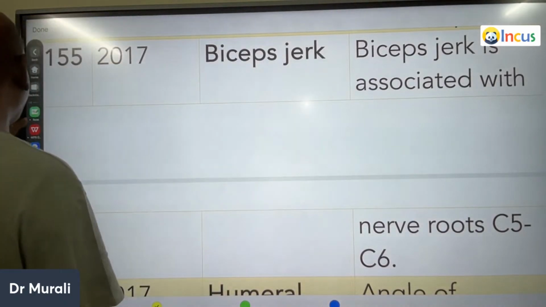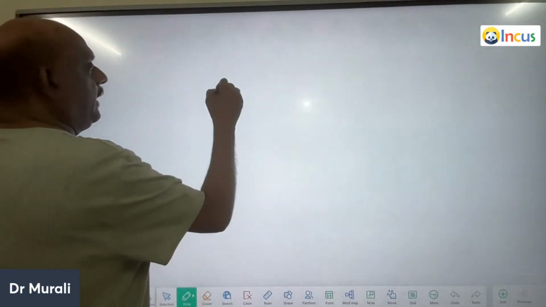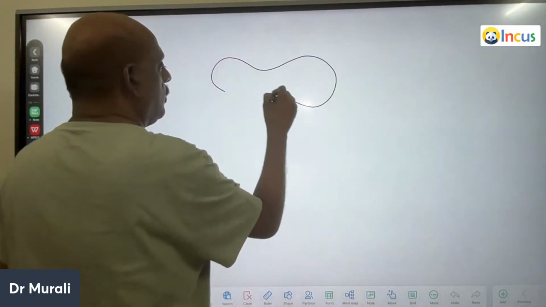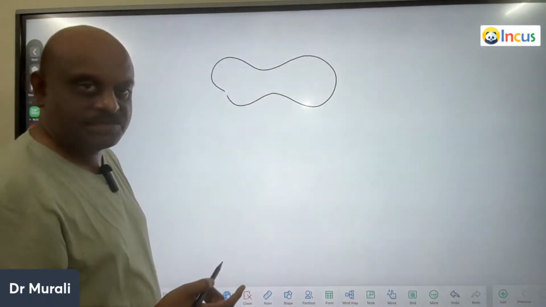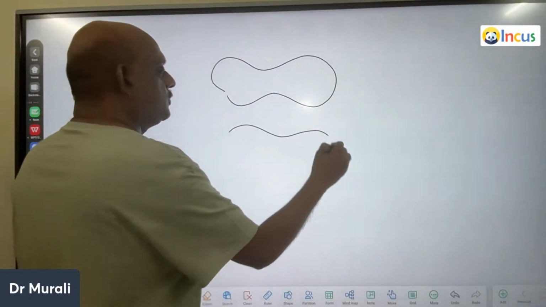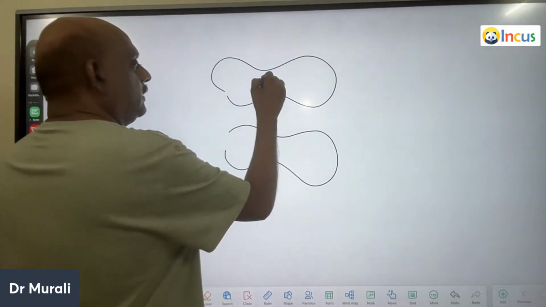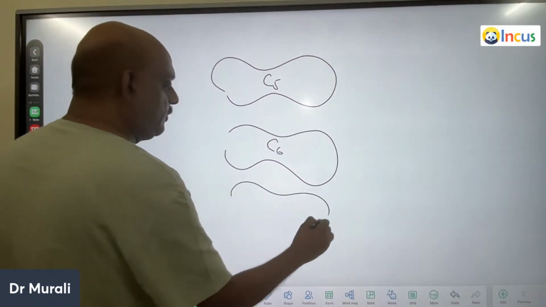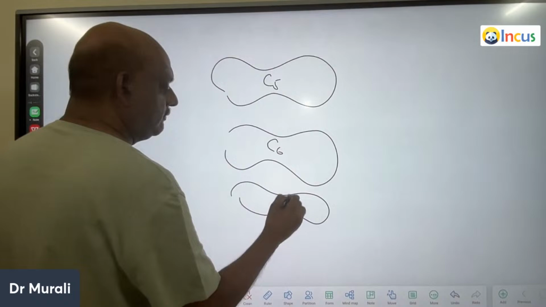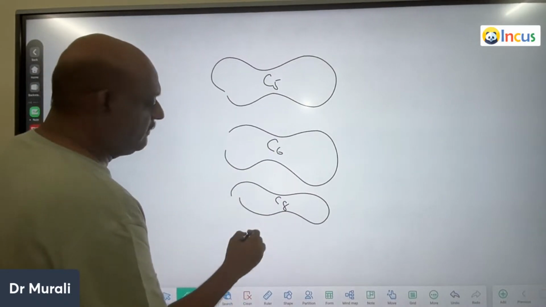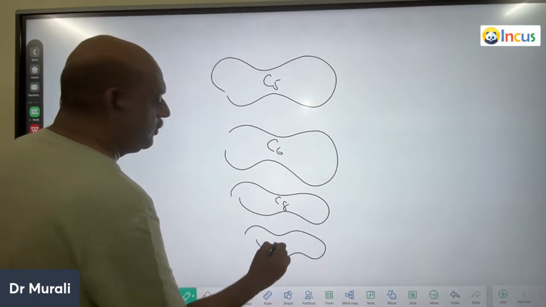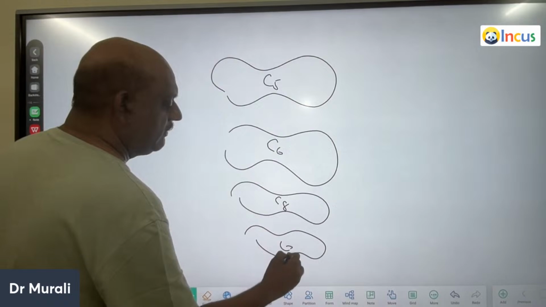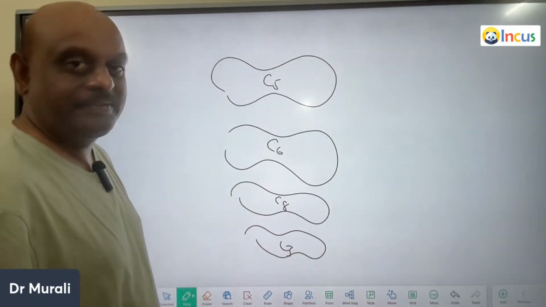A very important thing that you should know is in the spinal cord, you have various levels. Suppose it is C5, then you have C6, then C7, C8, T1, like that until you go to lumbar, let us say L1, L2, L3, etc.